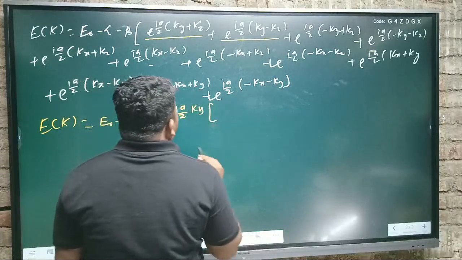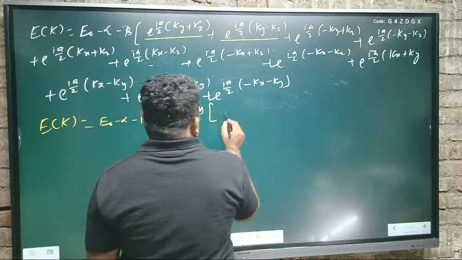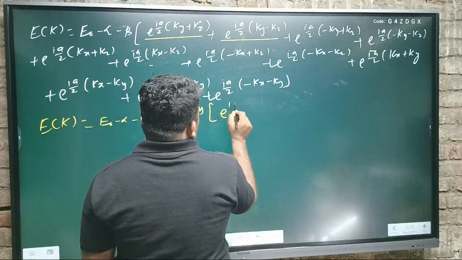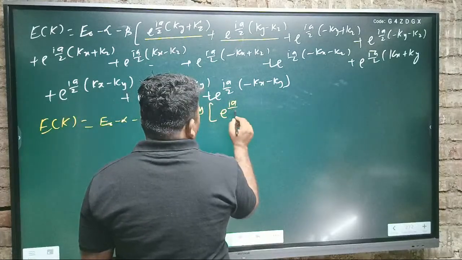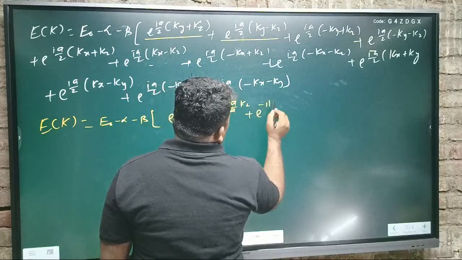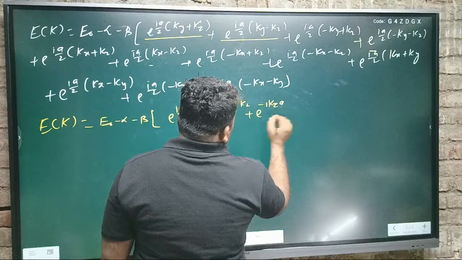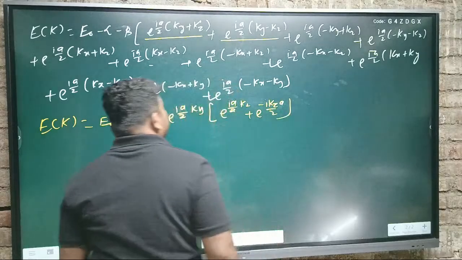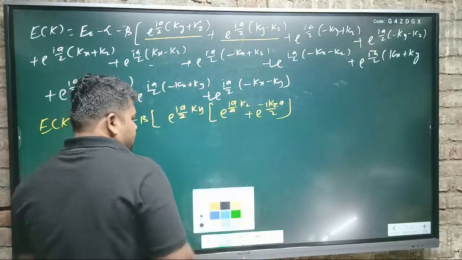Then inside: e to the power i a by 2 kz plus e to the power minus i kz a by 2. Yes or no? From first term. Second one.